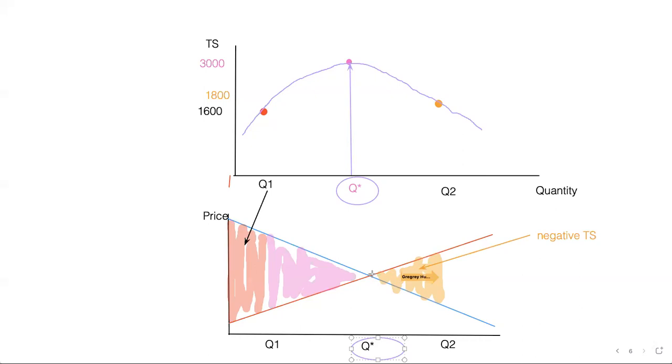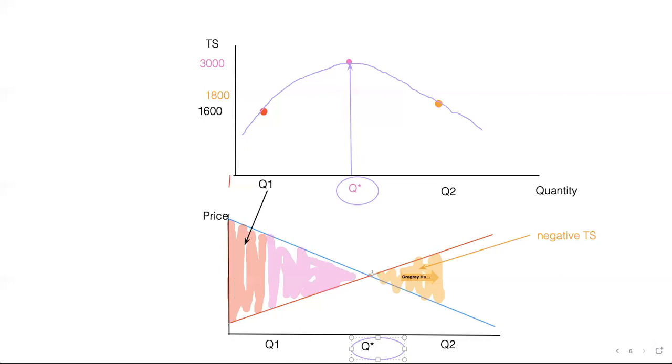But you might not have known this: if you take Q star, the market equilibrium quantity, and find the total surplus associated with it, that also happens to be not just where demand and supply cross, but where total surplus is at a maximum.